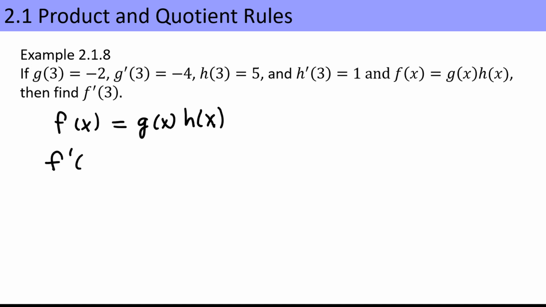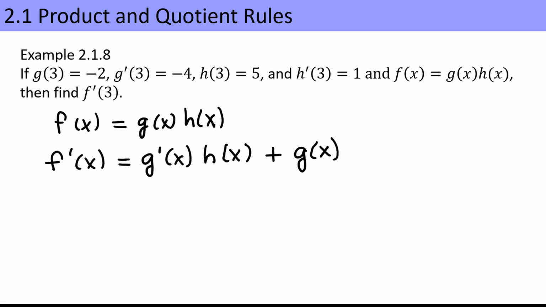So f prime of x is equal to the derivative of the first function, which would be g prime of x, times the second function, plus the first function, which would just be g of x, times the derivative of the second function, which would be h prime of x. So that's step 1 in the solution process.